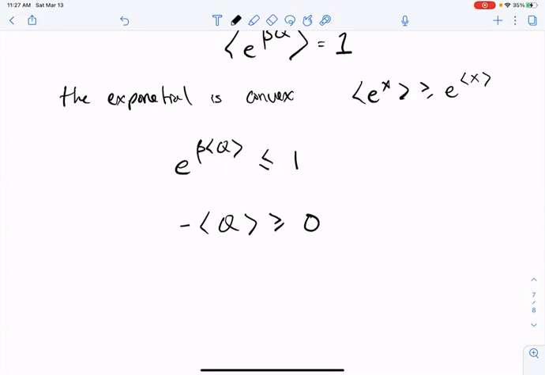The heat flow into the bath has a definite sign.